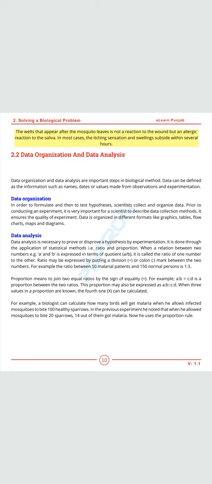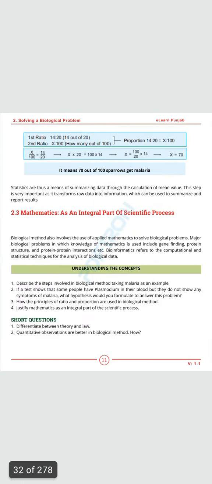Now he uses the proportion rule to get the exact calculation. Here is the first ratio, 14 ratio 20, 14 out of 20. This is the second ratio, x ratio 100. How many out of 100?